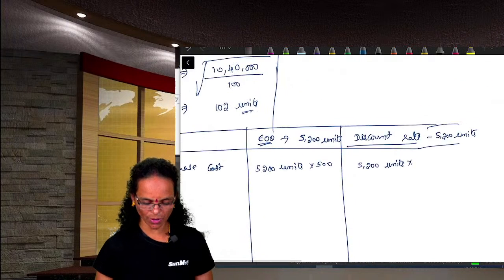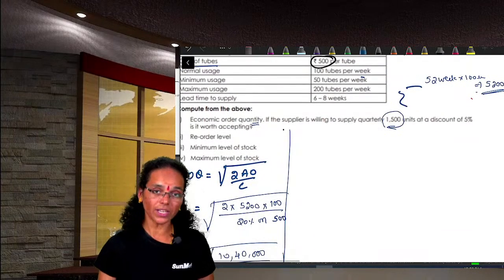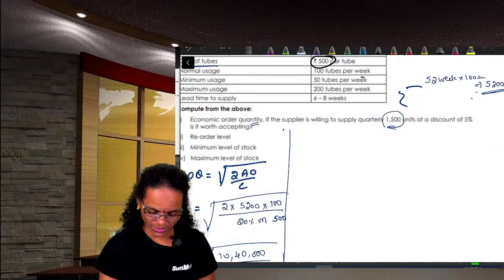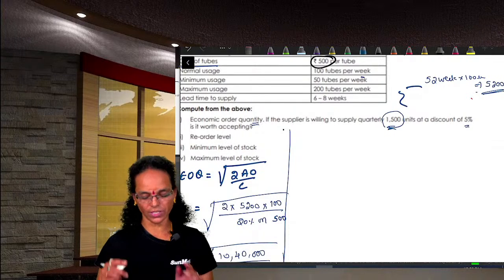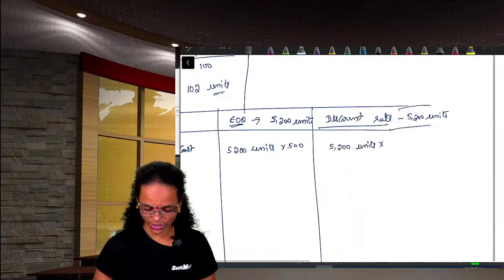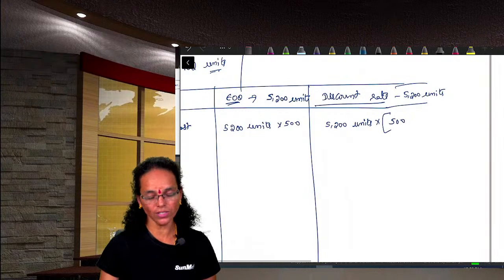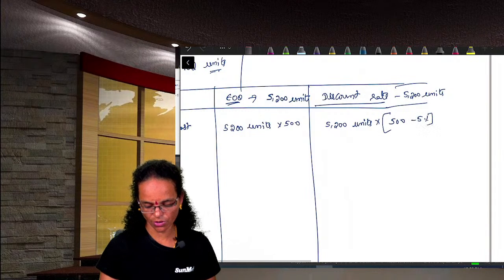The rate at which we are purchasing: 1500 units in a single lot, we will place a request, but the discount is 5% on your purchase price of 500 rupees. So 500 rupees is the cost, but they are providing us a 5% discount.